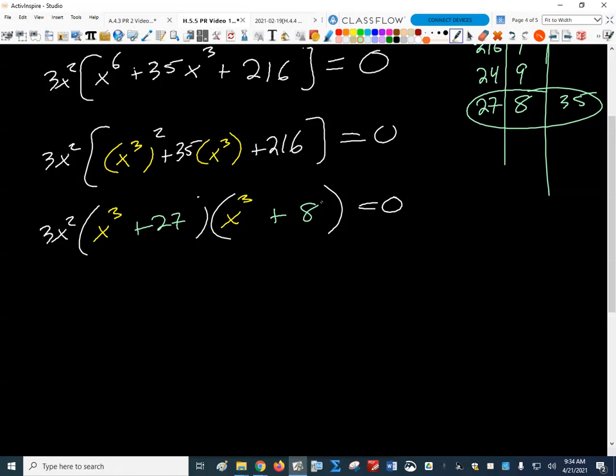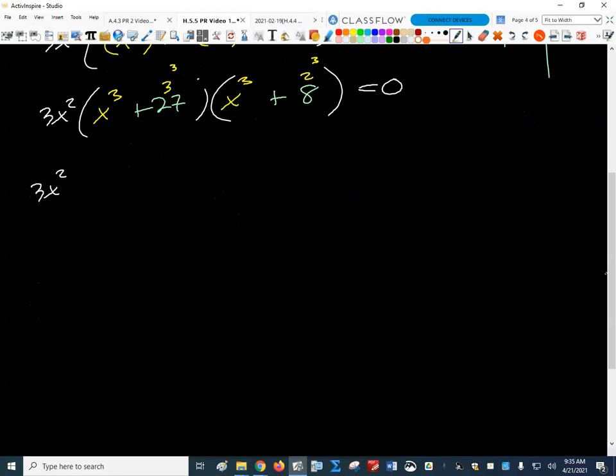Sum of cubes. Those are both sum of cubes, aren't they? 27 is the same thing as 3 cubed and 8 is 2 cubed. So we can break those apart. So we've got our 3x squared, and then we can split this up into, make that a little bigger.